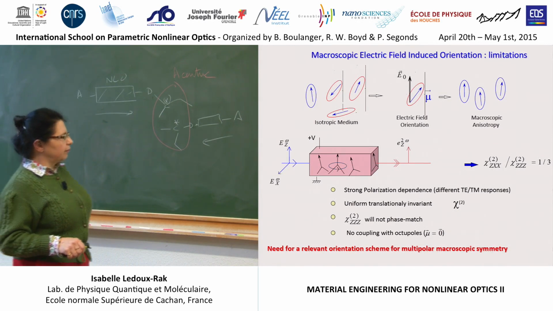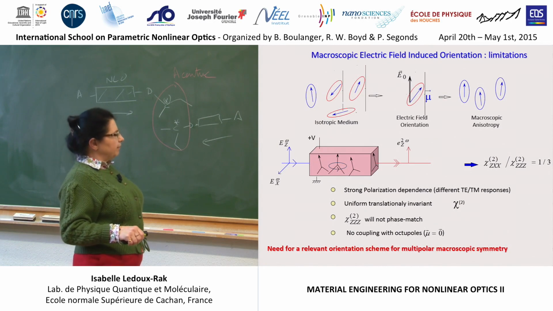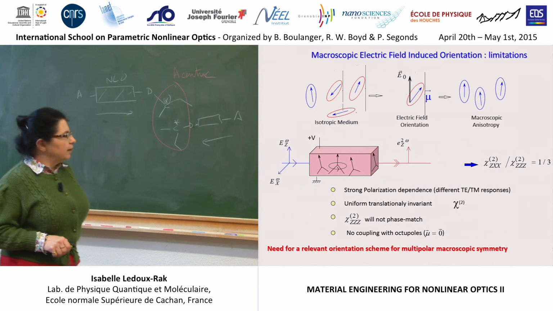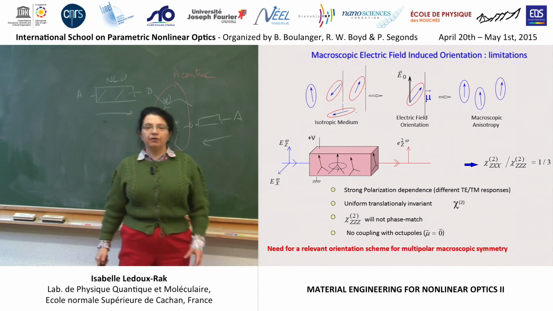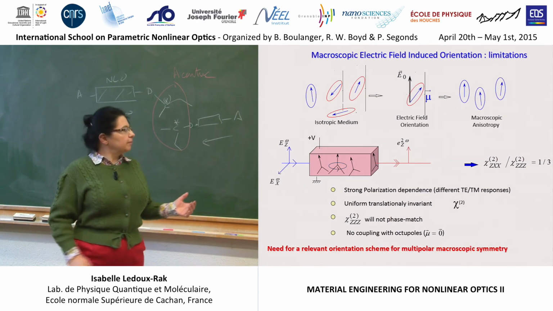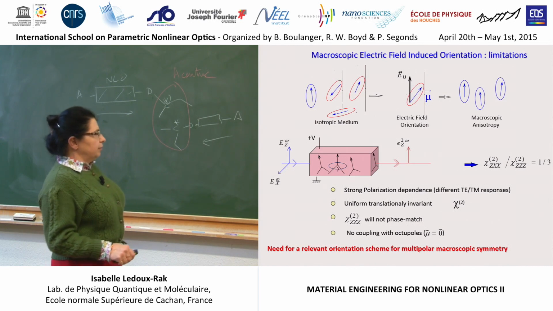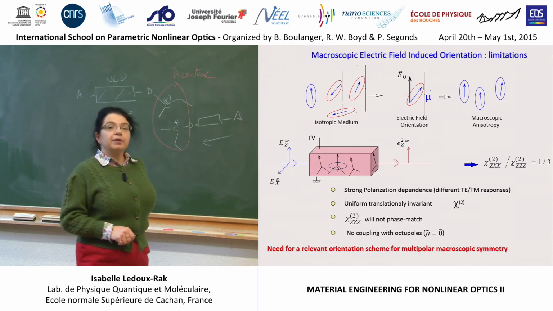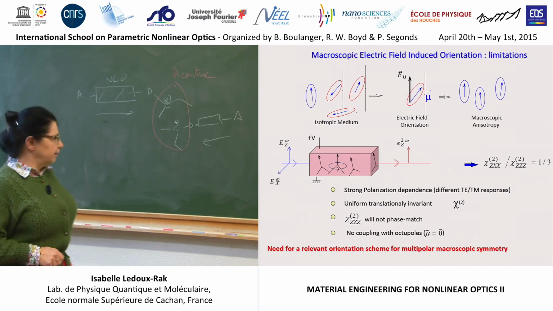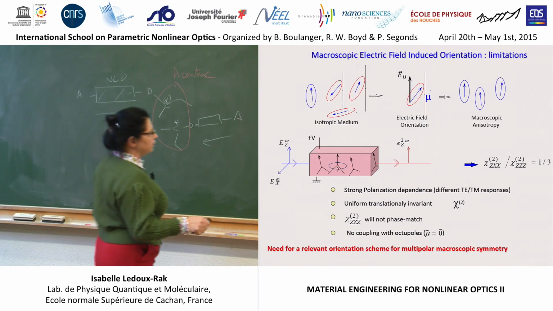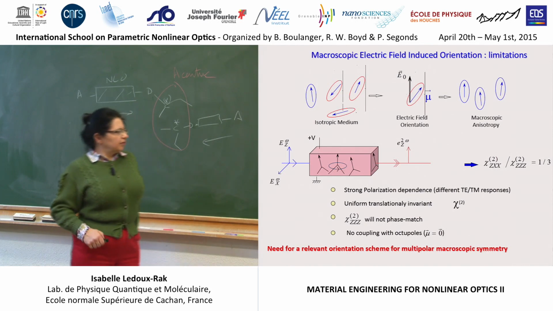We have also seen the problem of anisotropy, it is strongly polarization dependent, and it could be a problem for some devices which require a polarization-independent response. The chi-2 is uniform and will not phase match. It's not possible to make any phase matching, neither by birefringence nor by quasi-phase matching.